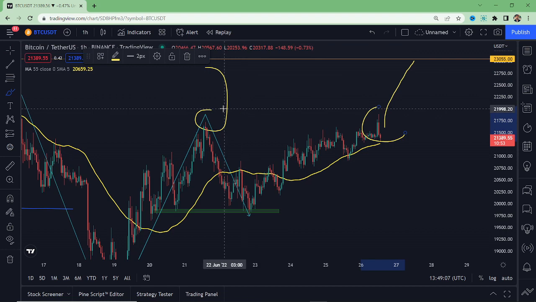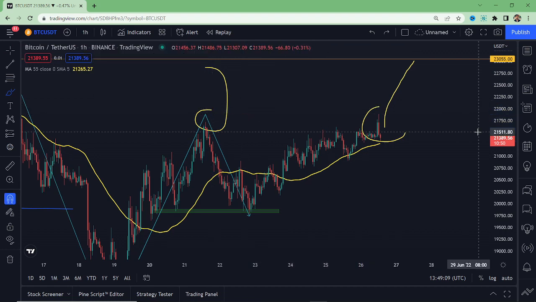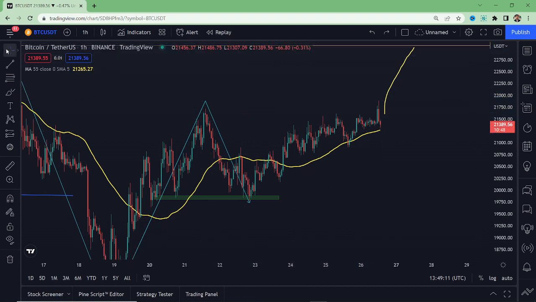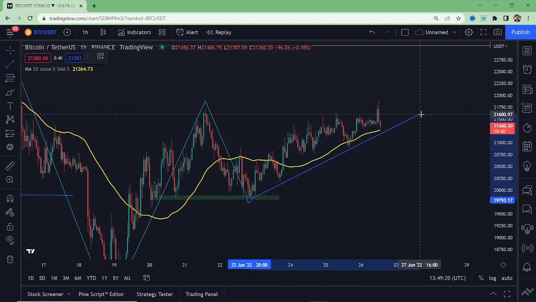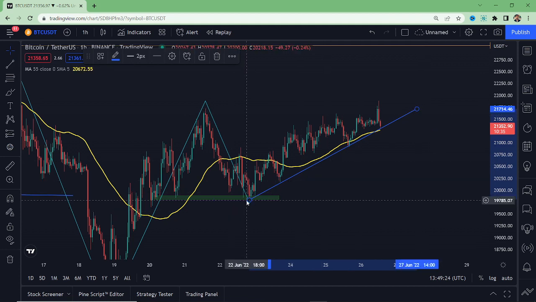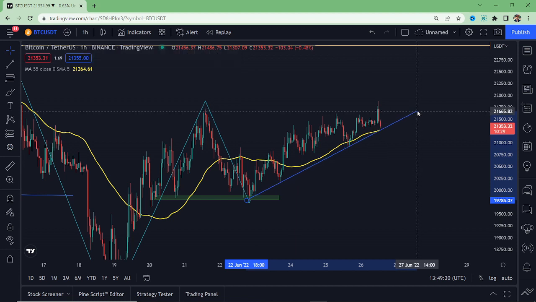You see here, this is almost coinciding with that, and it is a double top pattern. But we can get a trend line on the lower time frame, I think. Okay, let me just make it a little better.